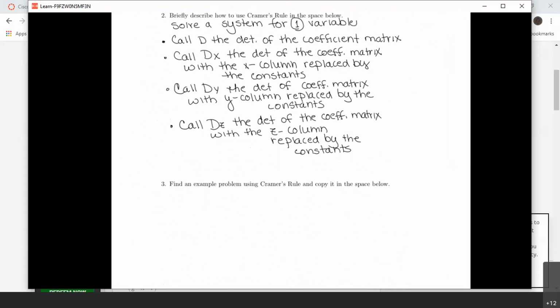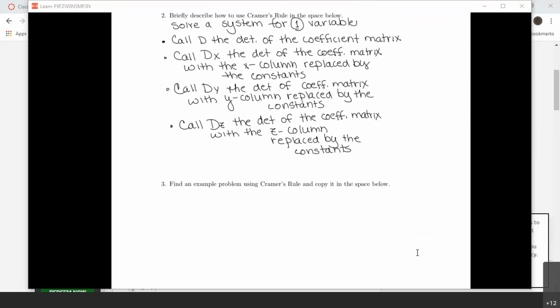We're going to start with a square coefficient matrix, and then we're going to create matrices X, Y, and Z, where you start with the coefficient matrix and you replace the columns one at a time by the right-hand sides. Is this description clear before we launch into an example? Can everybody get a mental picture of what we're going to be doing?